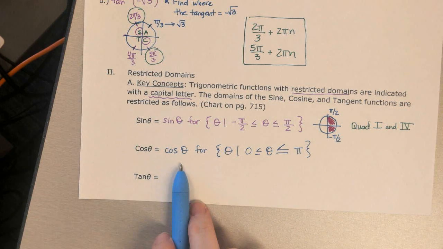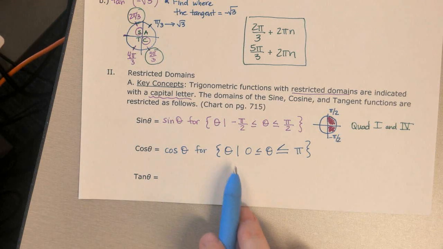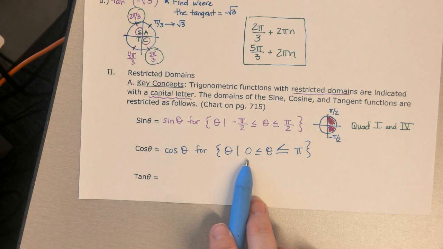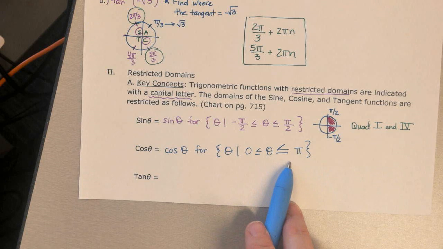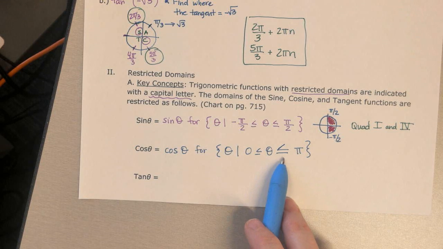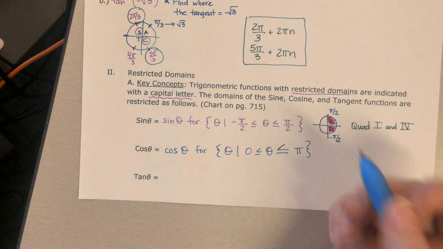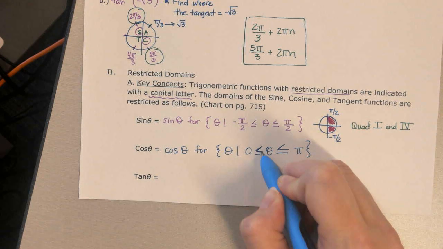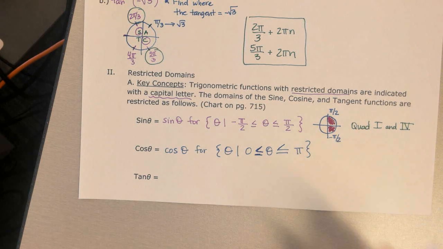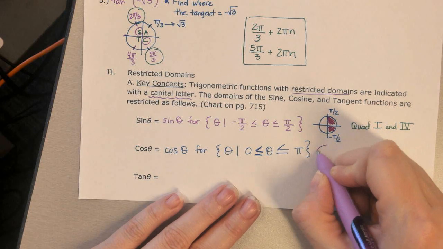Okay, so cosine of theta for the values of theta such that theta is between 0 and pi. Sorry for the giant less than or equal to sign. I feel like I need to even them out now. There we go. Okay, so let's draw a picture of this.